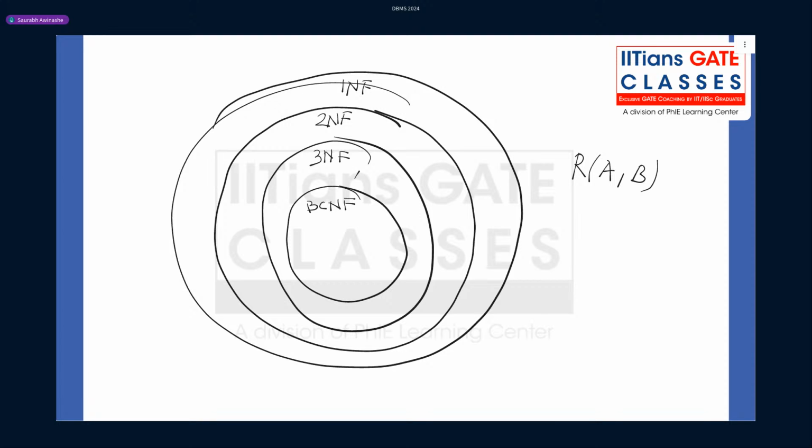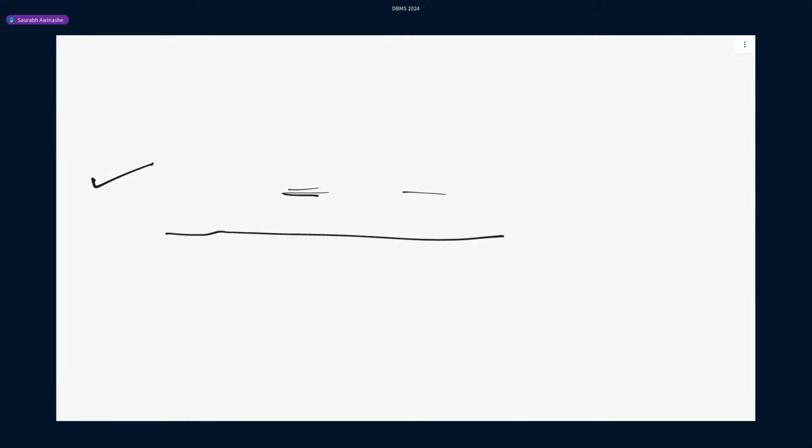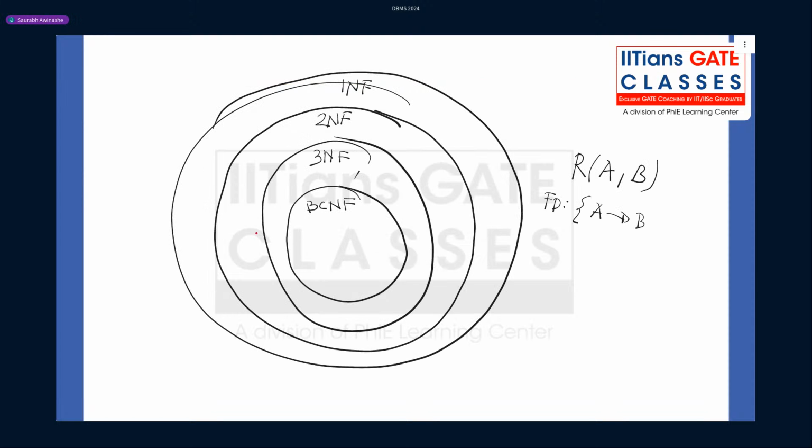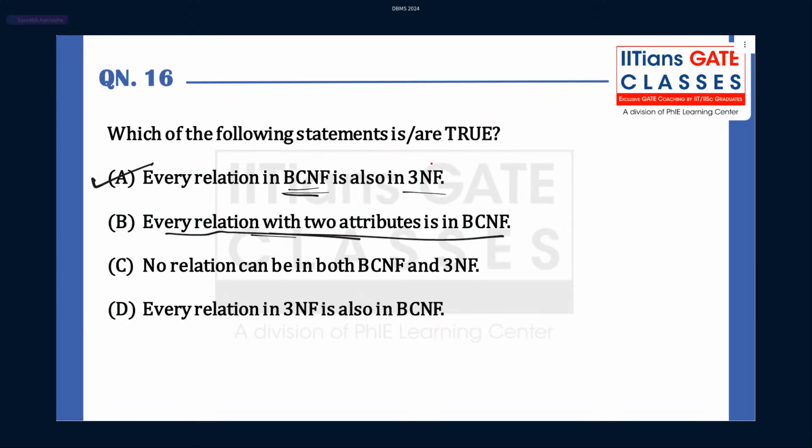So you can create the functional dependency set. You can have any functional dependency there, and based on that, you can see that this statement holds. For BCNF, the only thing is that the attributes on the LHS in functional dependencies should be a super key. Right? So option B is also true.